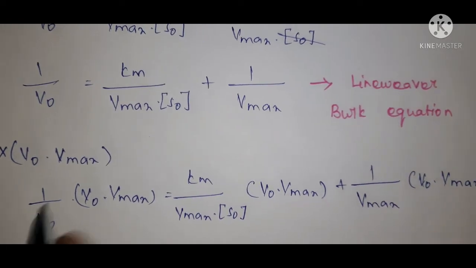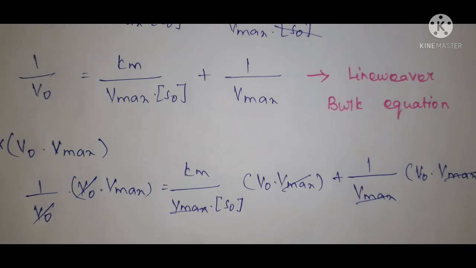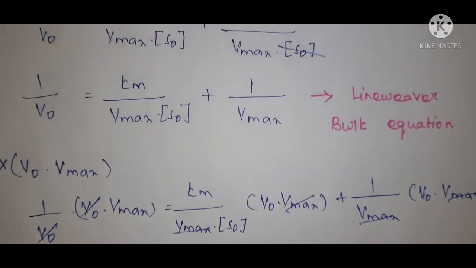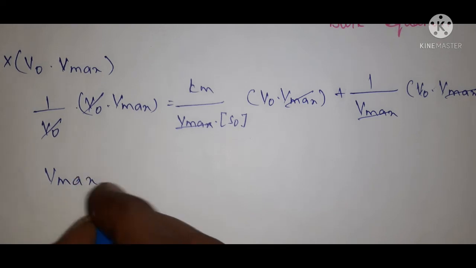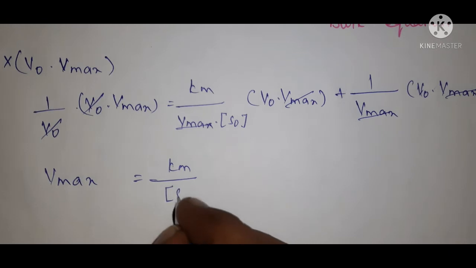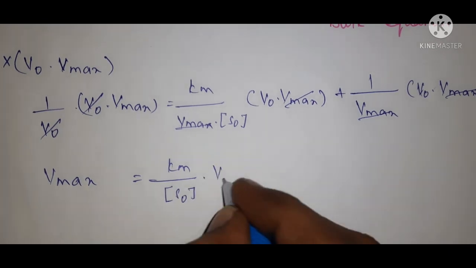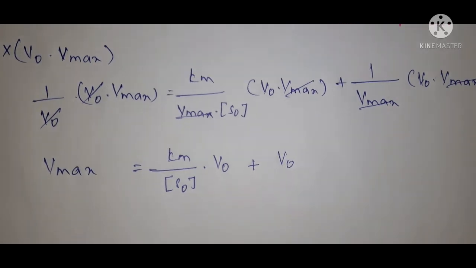Now you just cancel out V max. Now we write the equation, that is V max is equal to Km divided by S naught into V naught plus V naught.